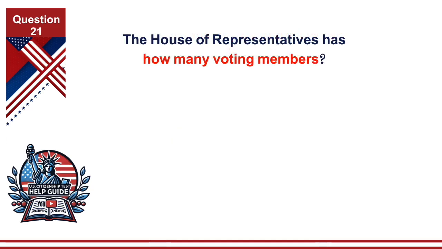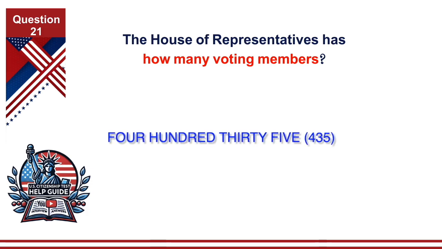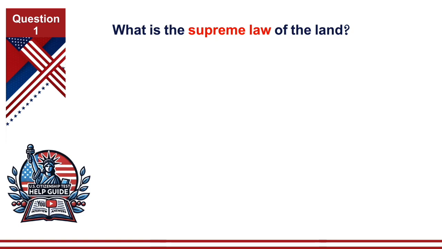The House of Representatives has how many voting members? 435. What is the supreme law of the land?